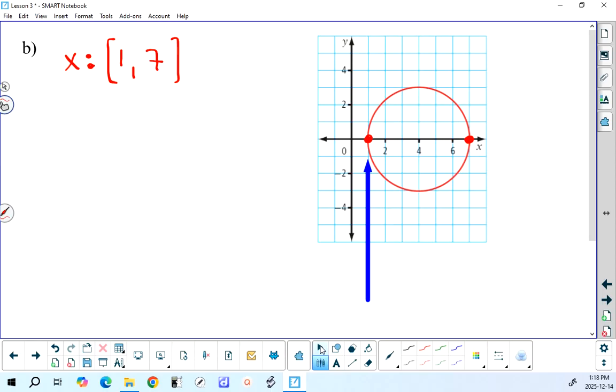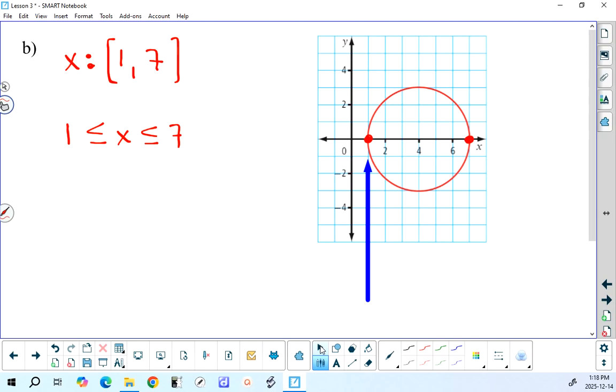I can instead use this inequality notation and say 1, which is the minimum value of x, is less than or equal to x, and x has to be less than or equal to the maximum value, which is 7. The direction of these inequalities is always less than.